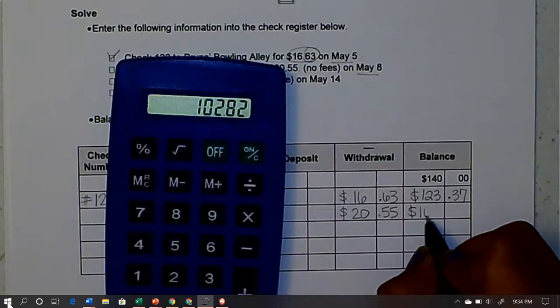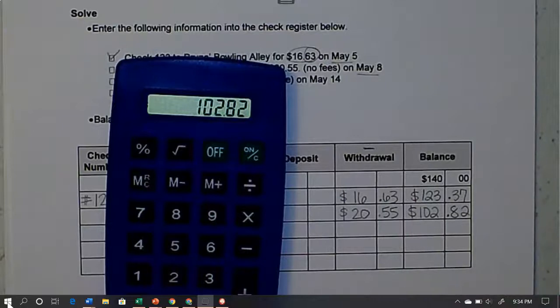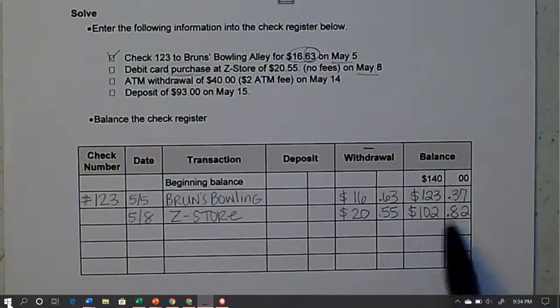So my dollar amount is 102, and my change is 82 cents. I'm done with that transaction. And if you notice, my ending balance still remains on the same line. I'm going to move to the next transaction.